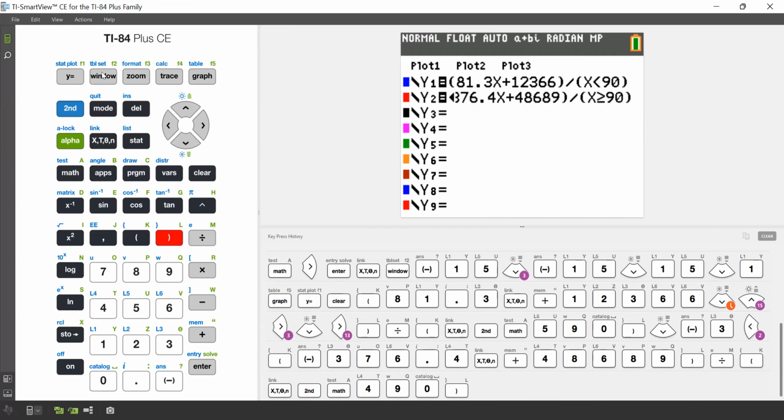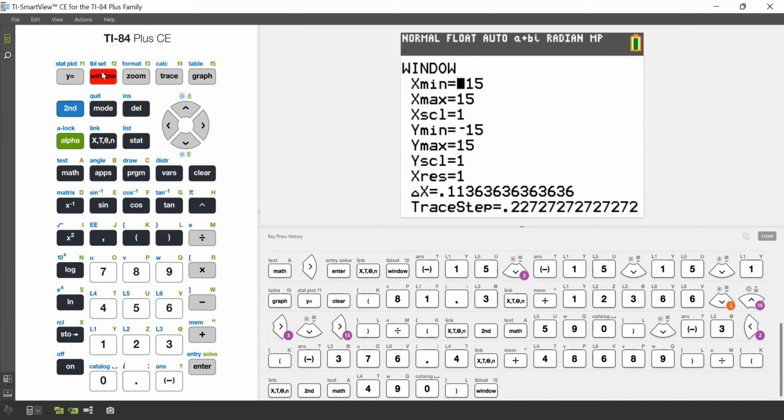And what window did they use? They used from 70 to 130.